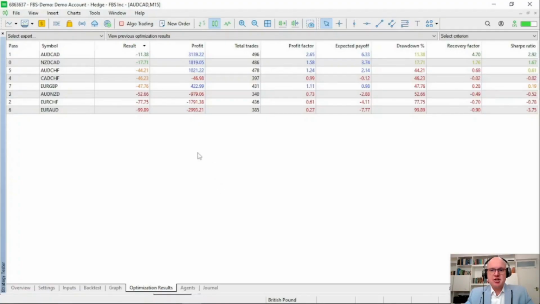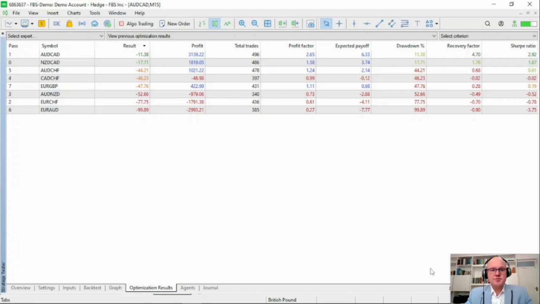Now what it will do is download the data and generate us a list with the 8 pairs that we have selected. Right off the bat, we can see the two with the lowest drawdown are the AUD-CAD and NZDCAD. After that, we have the AUD-CHF, CAD-CHF, and the EUR-GBP, which is also another popular cross pair to trade.